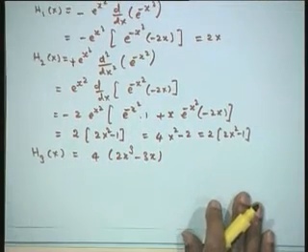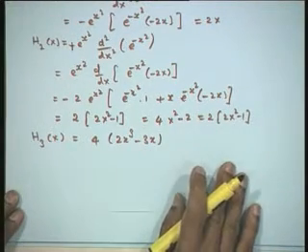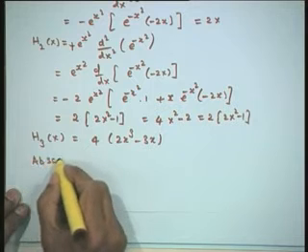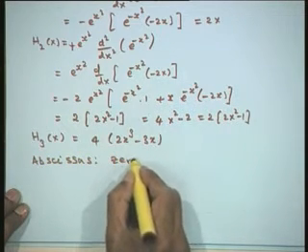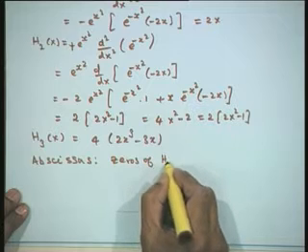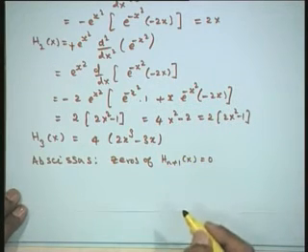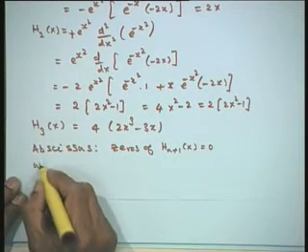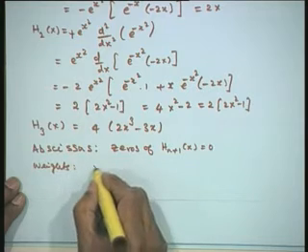Now, once we write down these Hermite polynomials, let us now write down what are the abscissas in our quadrature rule. The abscissas are zeros of h n plus 1 (x), that is h n plus 1 (x) is equal to 0, and the weights, as we have done last time, we use the Lagrange fundamental polynomial form.